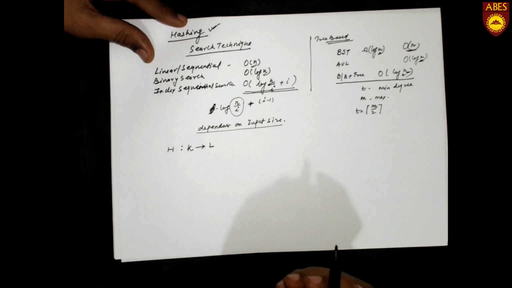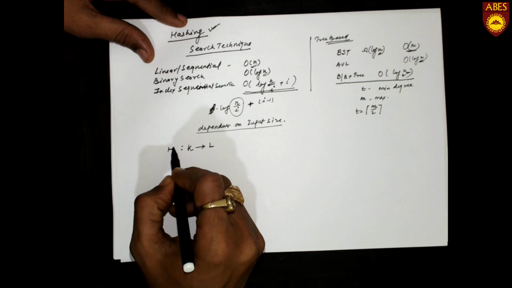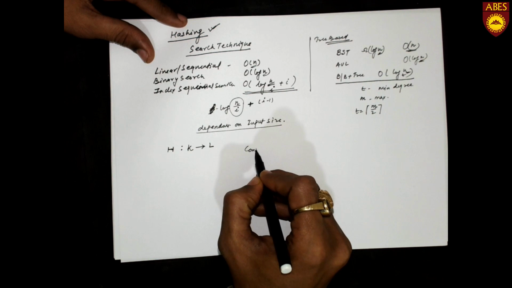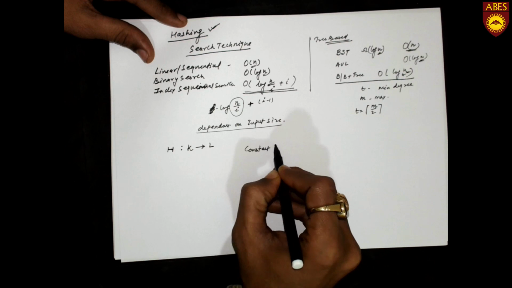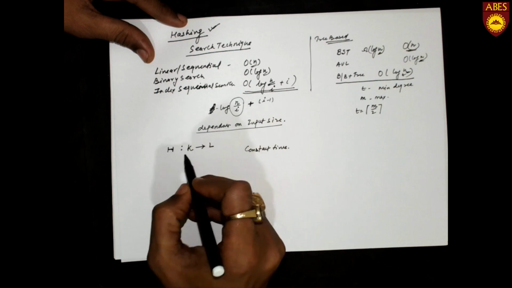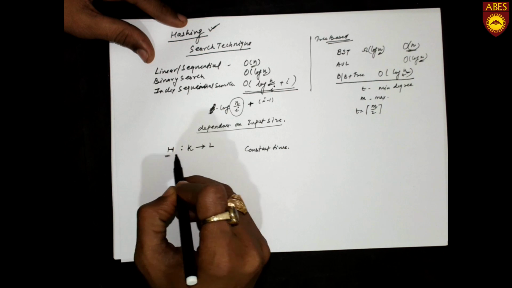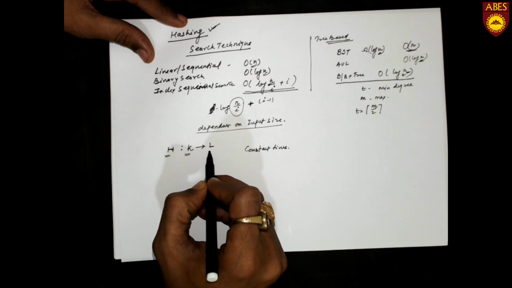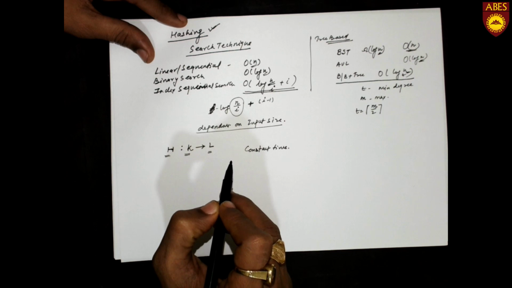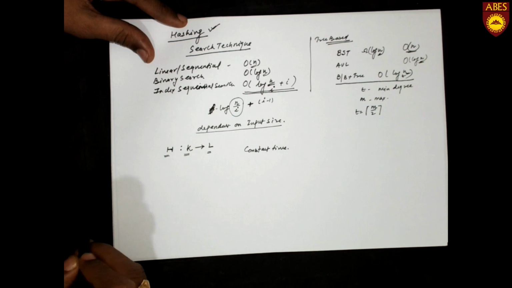So the search technique that hashing is providing is actually a constant time searching technique. It may happen that in one go you get your element. If you apply the hash function on your key, you will get the location. You go to that location and find out if that location contains your desired element.